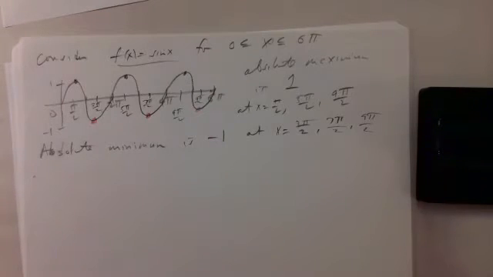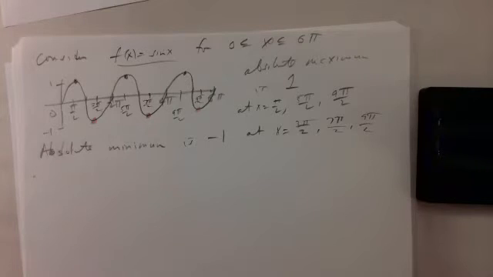So the theorem says that a continuous function, and the sine of x certainly is continuous, always has an absolute maximum and an absolute minimum on a closed interval, but that absolute maximum and absolute minimum can occur more than once, right?